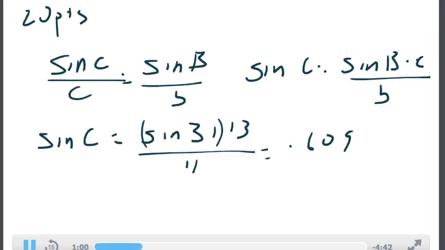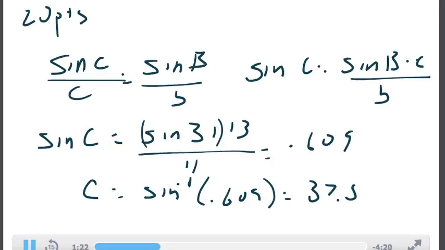0.609. Don't round that to 0.6. Sine is really sensitive to rounding, so use the full precision that your calculator gives you to do your inverse sine. So C is the sine inverse of 0.609, which is equal to 37.5 degrees. And it is okay to go ahead and round that from 37.49 to 37.5.